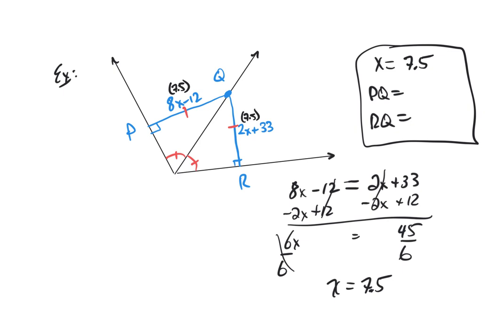2 times 7.5 is 15, and 15 plus 33 is 48, or 8 times 7.5 is 60, and 60 minus 12 is 48. Hopefully no big surprise. You see those two are equal. Okay, so there's the second type of line that we're going to start to draw within triangles.